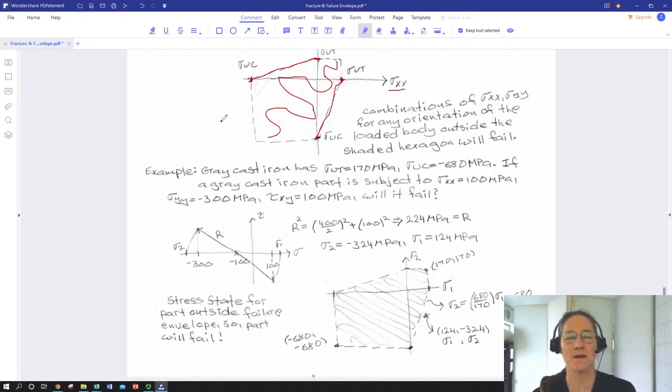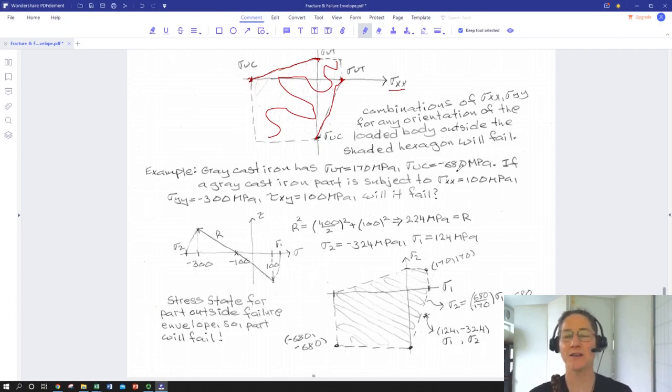Okay. So we can think of a scenario where we have a true multi-axis loading. We've got gray cast iron. We know from a uniaxial tensile test in the lab it has a uniaxial tensile ultimate strength of 170 megapascals and a compressive uniaxial strength of negative 680.